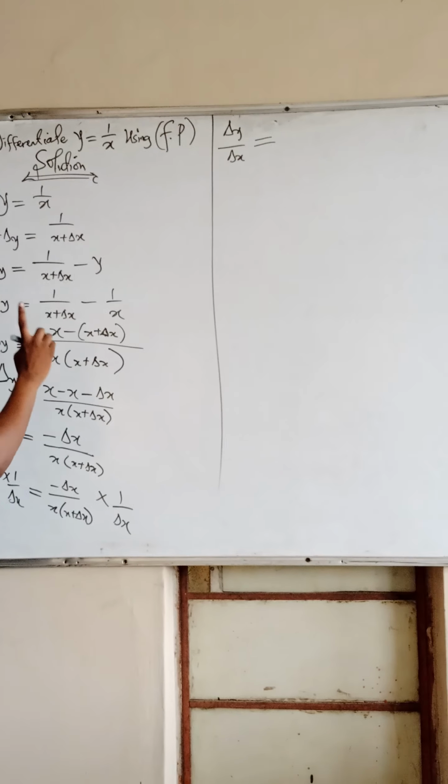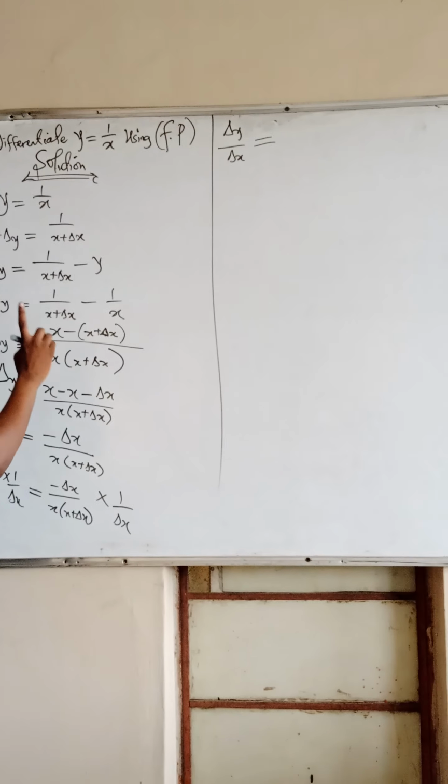Change in x is also down, the denominator. So it will cancel itself. This one will cancel this one, will make it 1. So at the end of the day, we have minus 1 times 1 will give us minus 1 all over this. We have x into bracket x plus change in x.